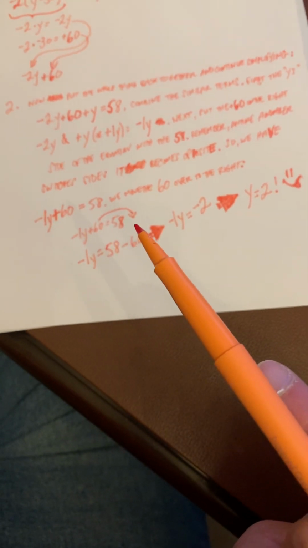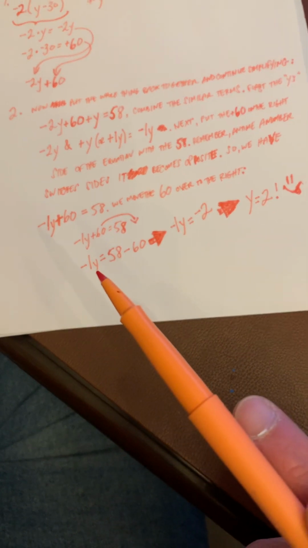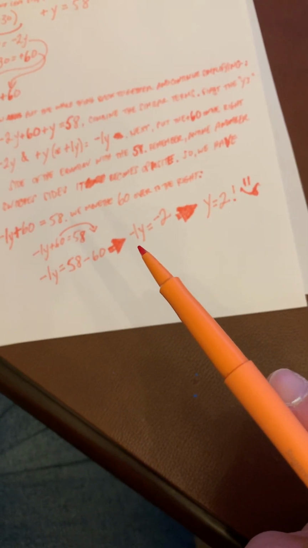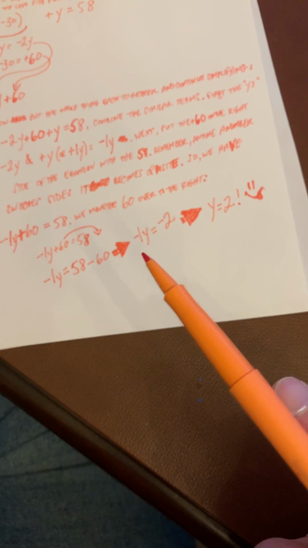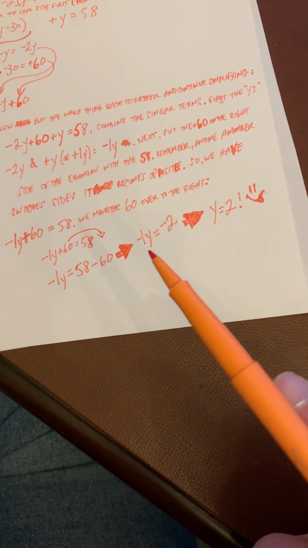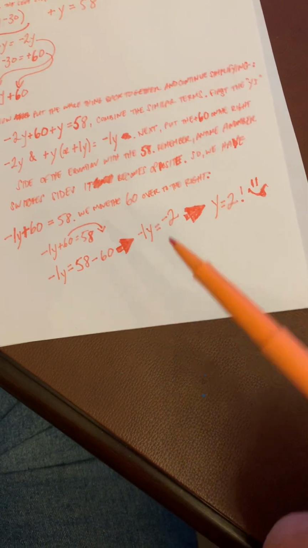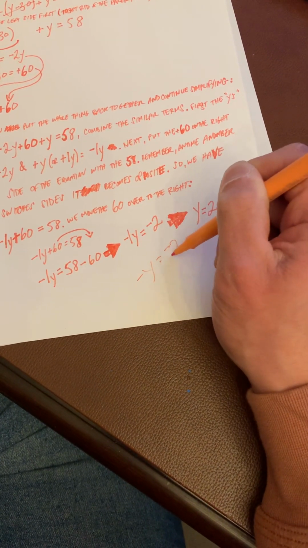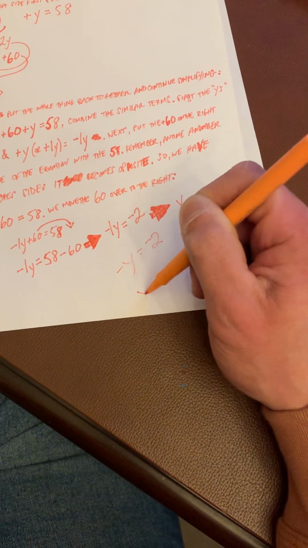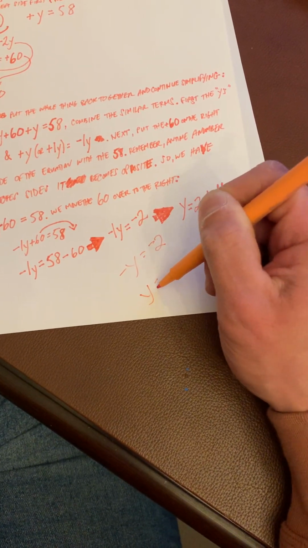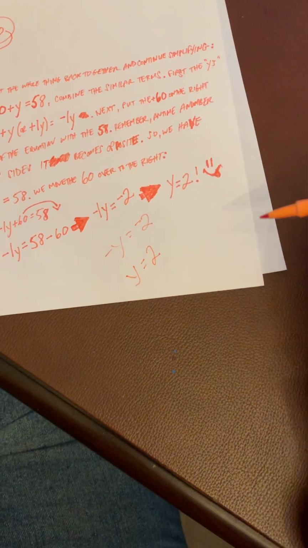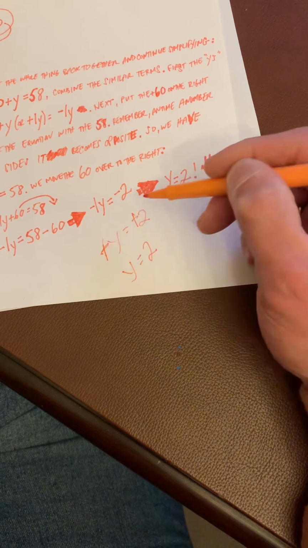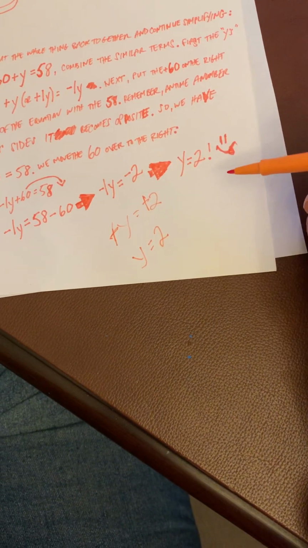So the plus 60 becomes minus 60. So negative 1y equals 58 minus 60, which is negative 1y equals negative 2. And negative y equaling negative 2 is the same thing as saying y equals 2. So these signs cancel out. So y equals 2, right?